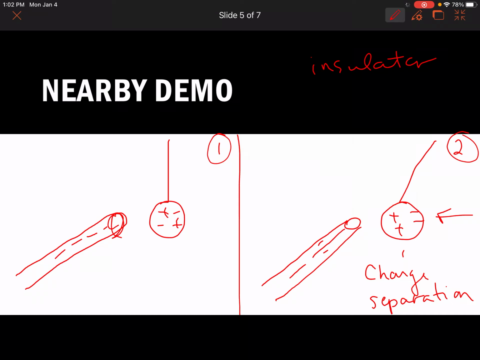So in this case, instead of a charge separation, we end up having what's called a charge polarization. So we've got a charge polarization happening there. Okay, so this is the nearby. In an insulator, we call it a charge polarization. In a conductor, we call it a charge separation. They essentially work exactly the same. We just use different language for them.